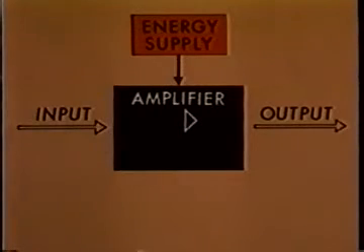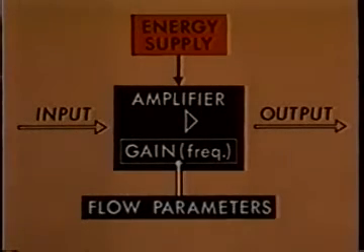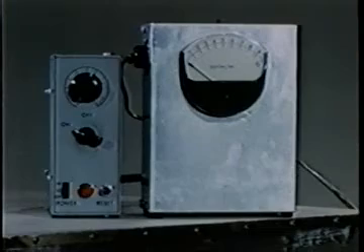When the amplification ratio, the gain, exceeds unity, we have instability. The amplifier gain varies with frequency and also depends upon flow parameters. In order to find the frequency response of amplification, we put in sinusoidal disturbances which we can control.